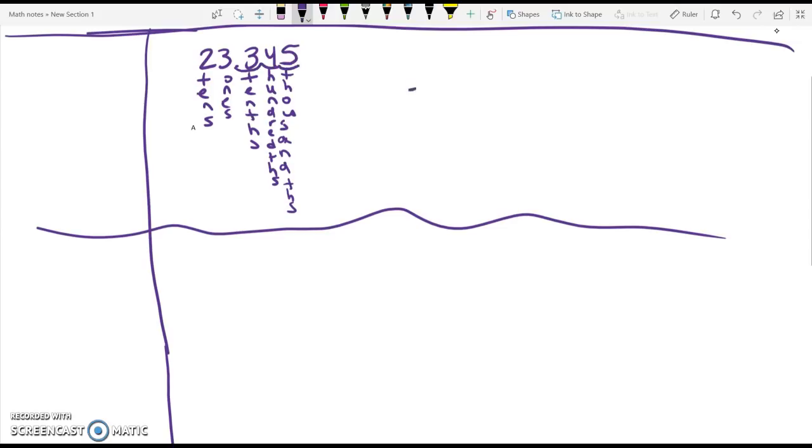So if I wanted to take this number and move the decimal this way, one space, one jump that way, I am making a smaller number. Therefore, I can deduce that I'm dividing by 10 because I'm moving one decimal place.